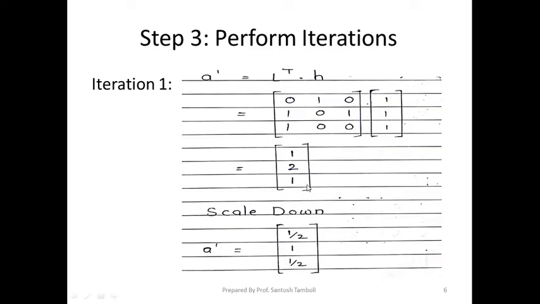To scale down, find the maximum value from this column vector, which is 2, and divide all three values by 2. So A1 is 1 by 2, 2 by 2 which is 1, and 1 by 2. This is the first iteration for the authority.